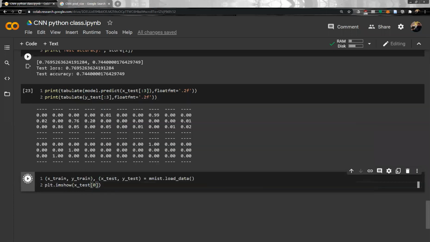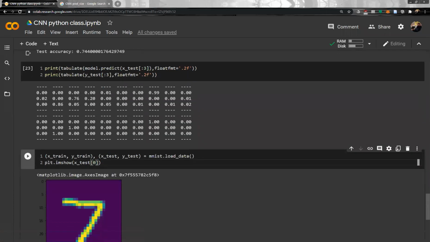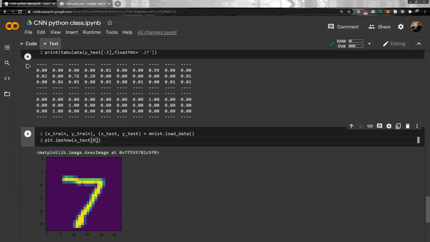Let's see the very first one, first one 7, right? This is clearly 7. So we talk computer, this network 99% 7, and then it has 1% of 4.